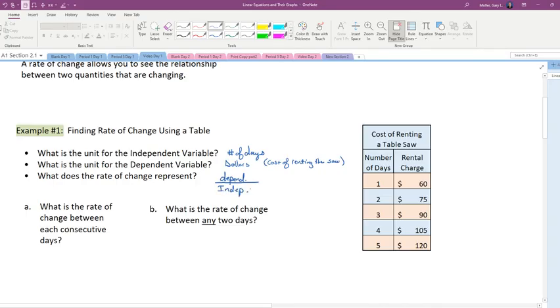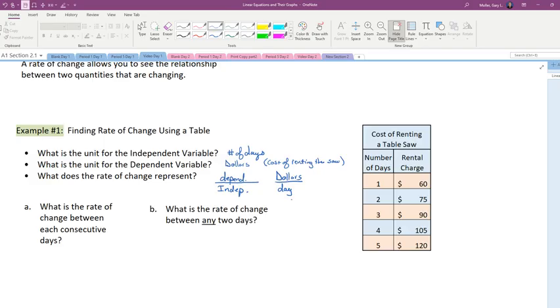So when we're talking about the rate of change, we're talking about the number of dollars per day. Unit on top, the dependent is dollars, the independent is days, so we get a unit of dollars per day.